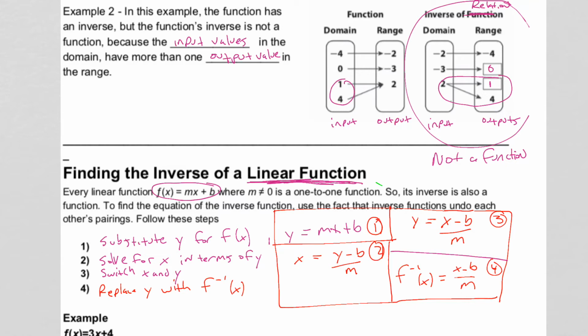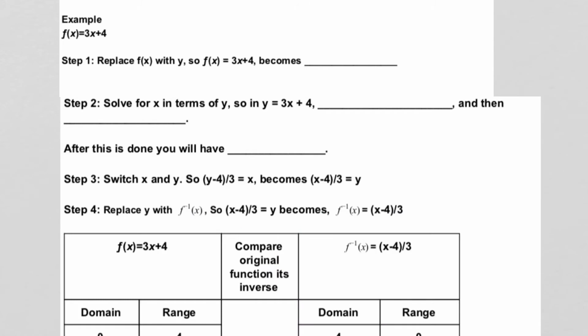Now let's try an example with actual numbers in it. As promised, this is going to be a lot less hard than it looked. I'm going to replace f of x with y. So y is equal to 3x plus 4.